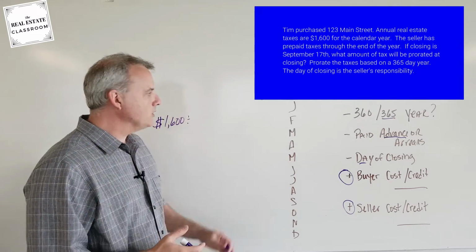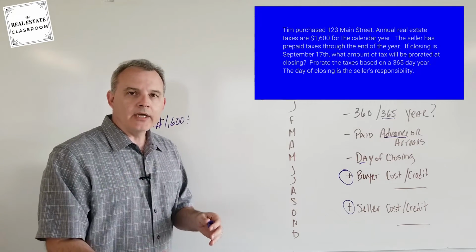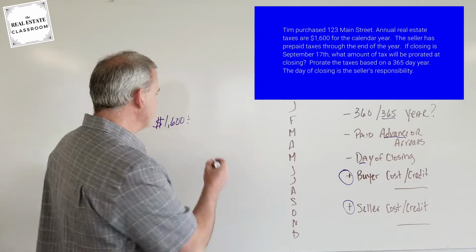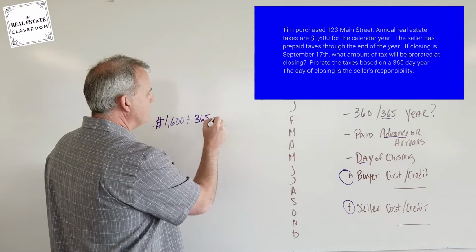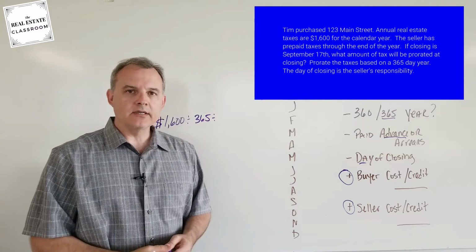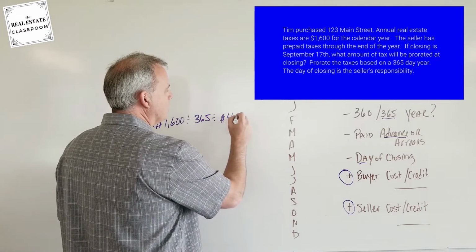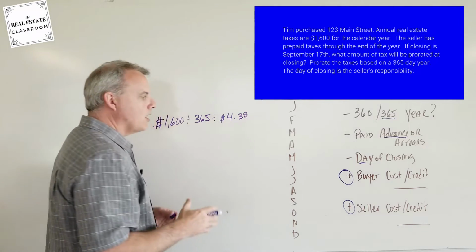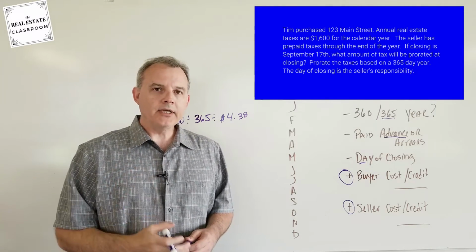So what I want to do is turn this $1,600 into our daily rate, or what's called a per diem rate. That means we're going to take $1,600 and divide it by 365, which represents 365 days. And when we do that, we get an amount of $4.38 per day. All right, so that's our daily per diem.